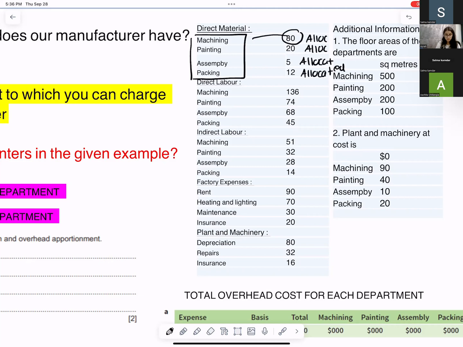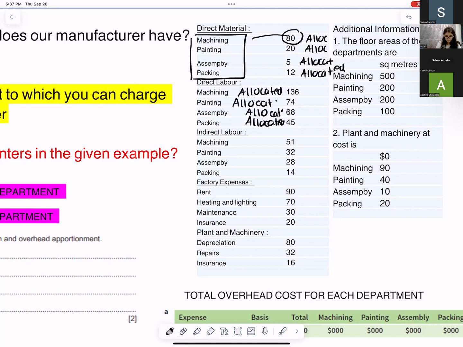For direct labor, how is it? It is also allocated to each of the cost centers. So here also it is allocated. Are you with me?